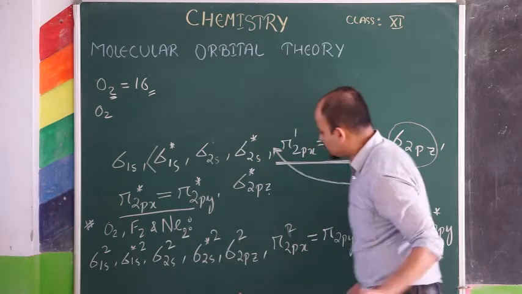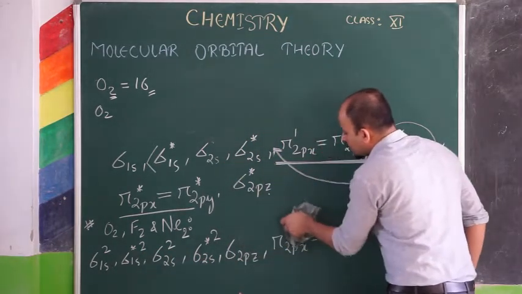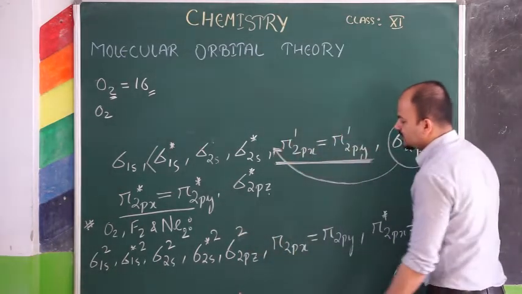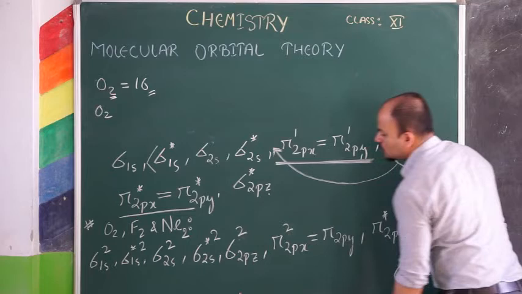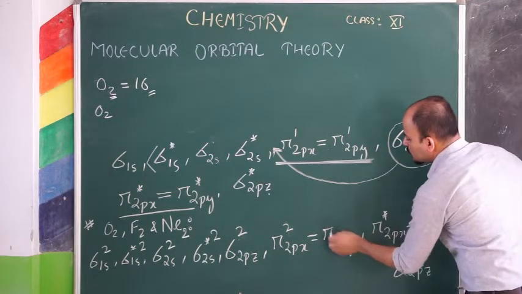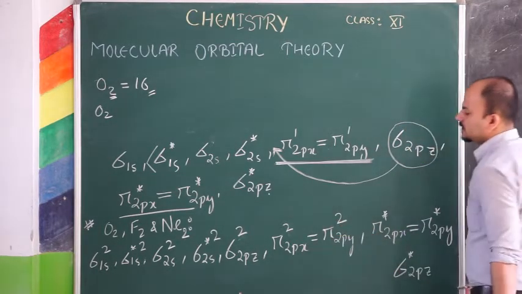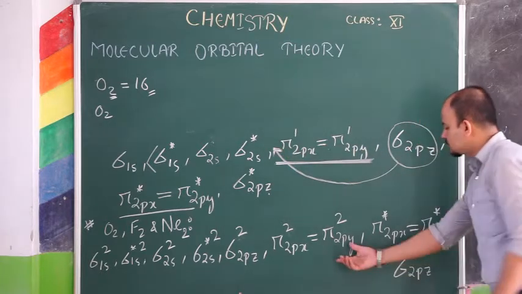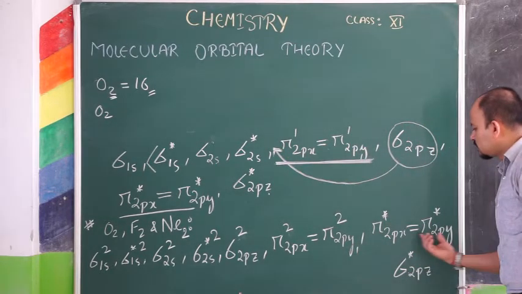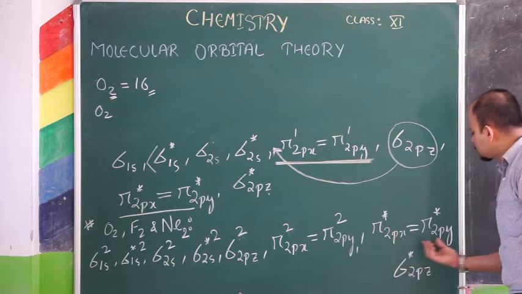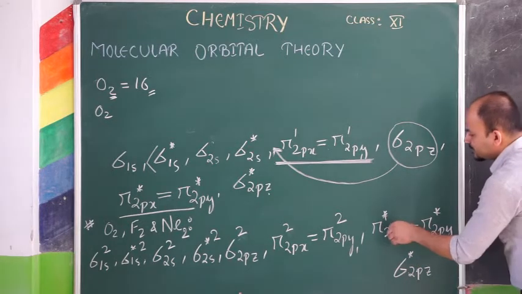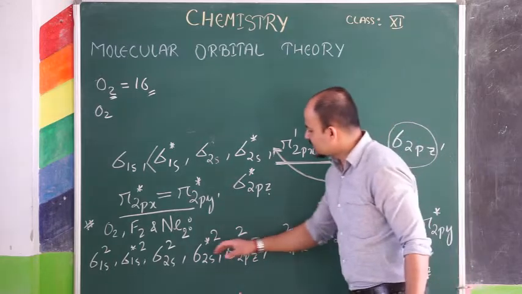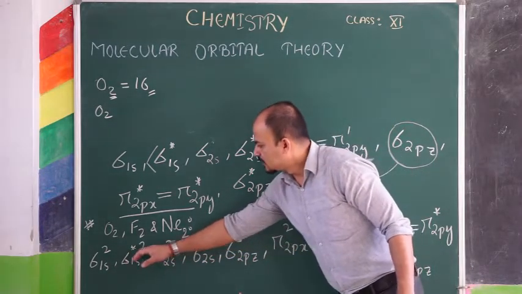Up to that point, 8 plus 2 is 10, 2 more is 12, 12 plus 2 is 14. So 14 electrons are filled up to this point. Now after this, which orbitals are there? The anti-bonding orbitals of pi 2px and pi 2py. Up to here it is 14: 2, 4, 6, 8, 10, 12, 14.